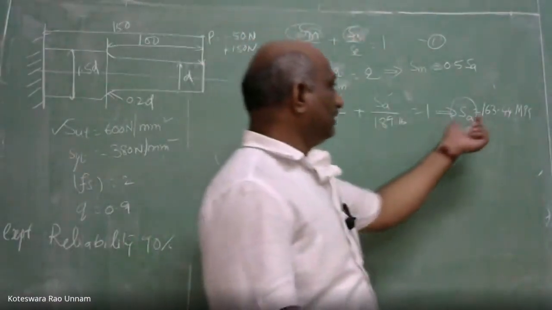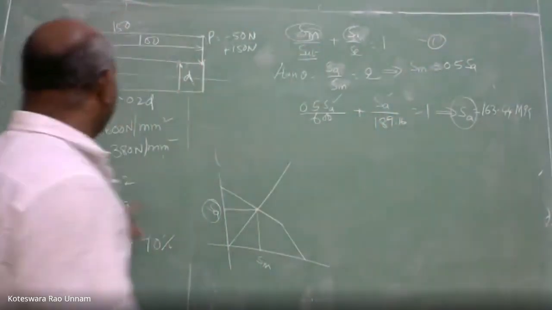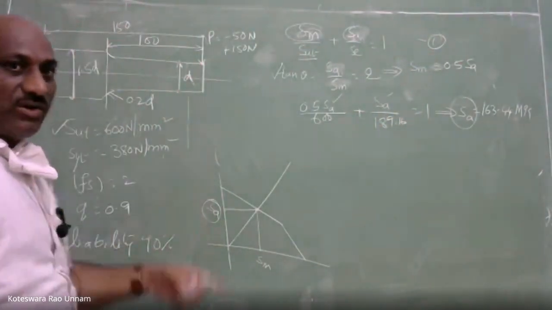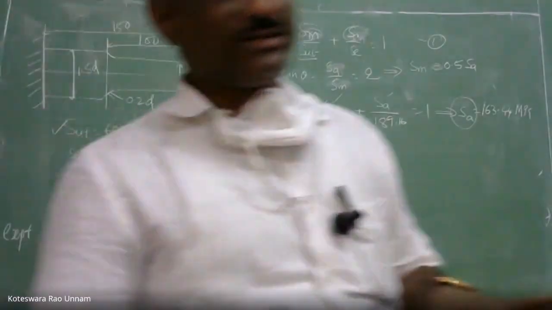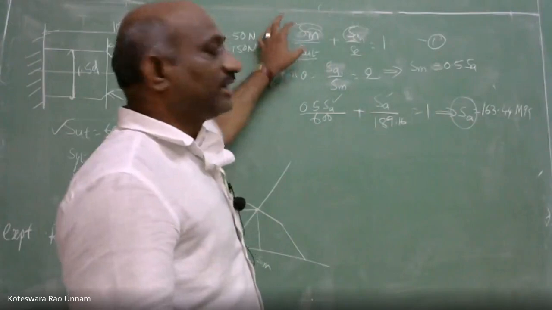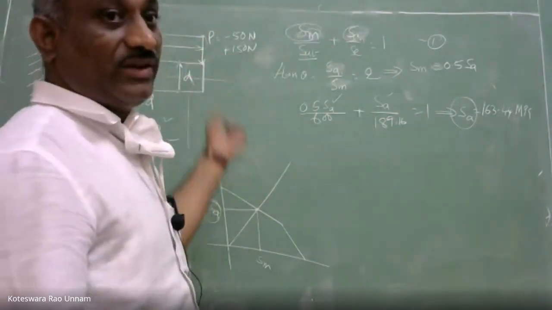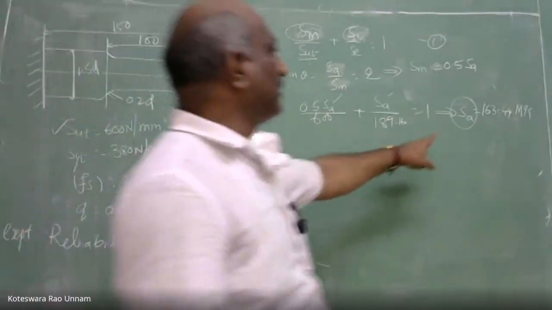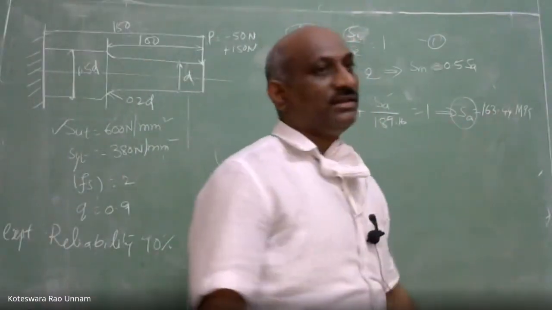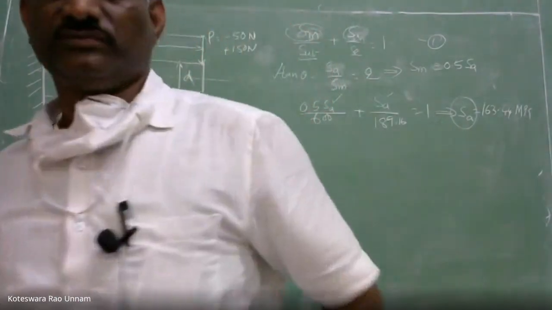Similarly here, this Sa is equivalent to that. That means here this component is subjected to both mean stress as well as amplitude stress. But by considering this equation, I am converting this mean and amplitude stress into a single stress, which is amplitude stress, whose endurance limit is going to be 163.44.